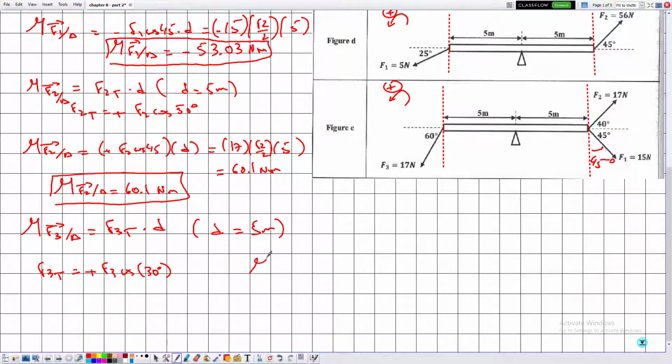So in this case the moment of F3 around the axis delta is equal to plus F3 cosine 30 multiplied by D, which is equal to 17 multiplied by radical 3 over 2 multiplied by 5, and the moment of F3 around delta is equal to 73.61 Newton meter.